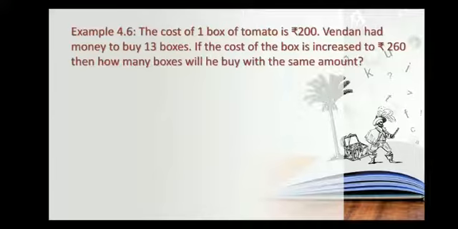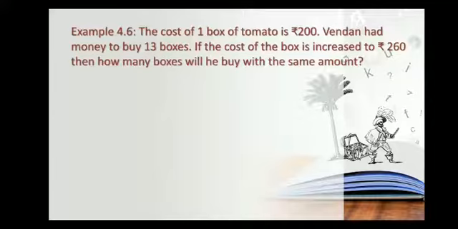Suppose the cost is increased to 260, how many boxes of tomato will he buy with the same amount? First, we need to find out the money the vendor had.